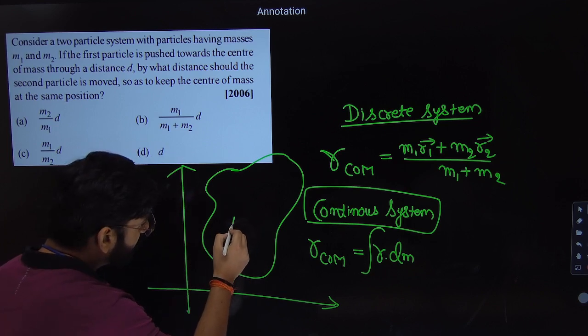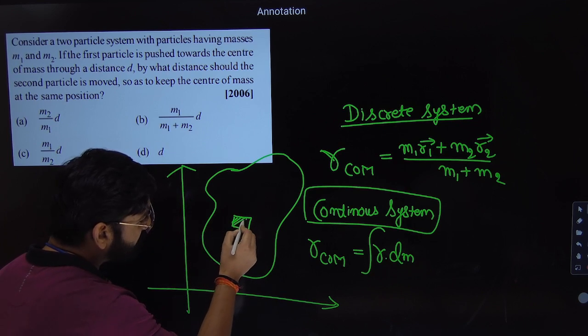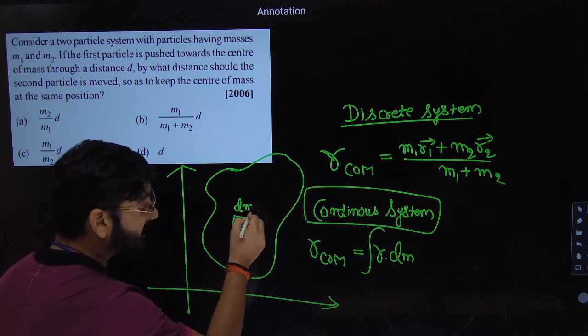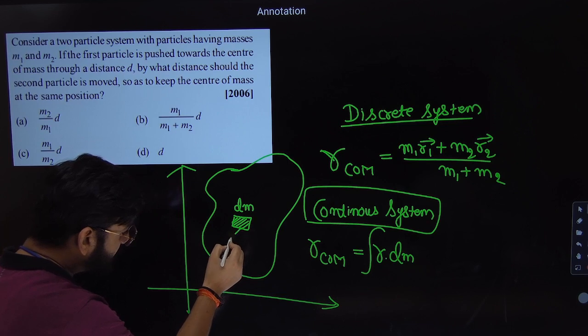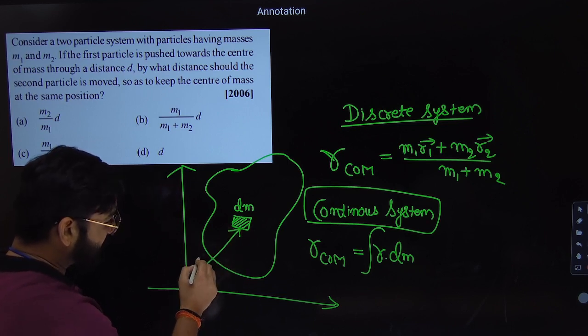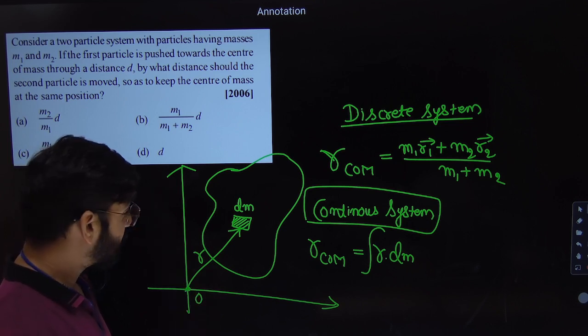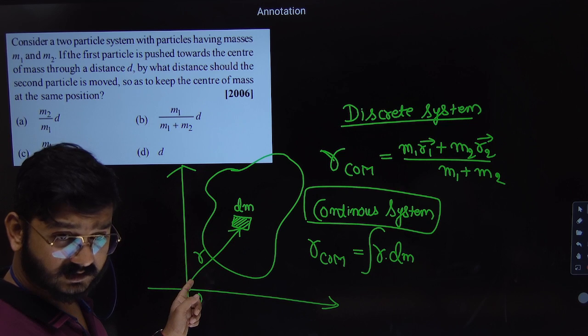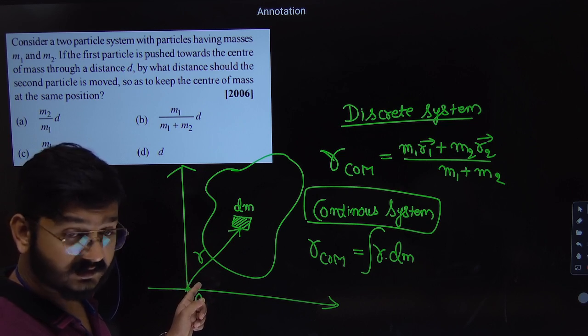If I take a very small particle here, the smallest particle, whose mass is dm, and I join it to the origin, the distance is r. So what will be dm into r? That will give the center of mass.